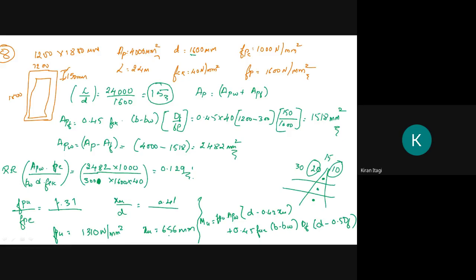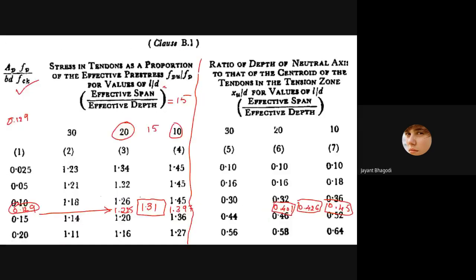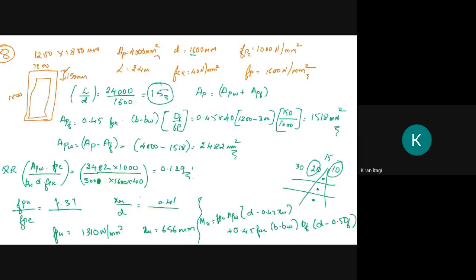Substitution is correct. Sir, Ap is 4000, no? Sorry, Apw. Yeah, sir, fine. Correct. Okay. Put the value of bw.